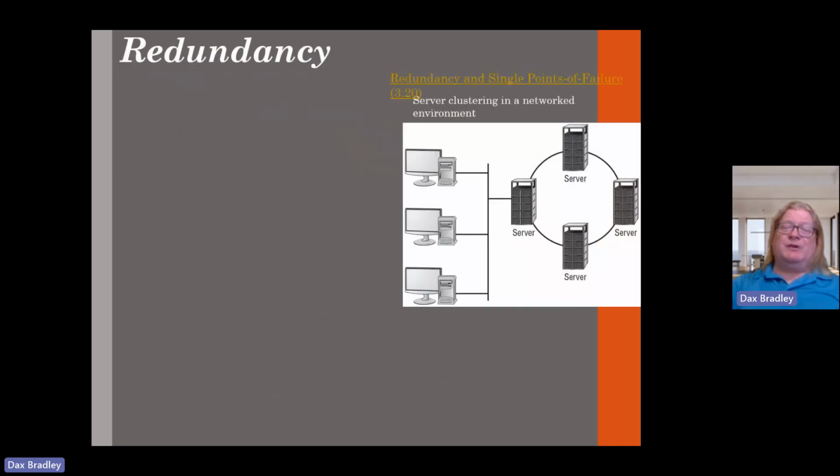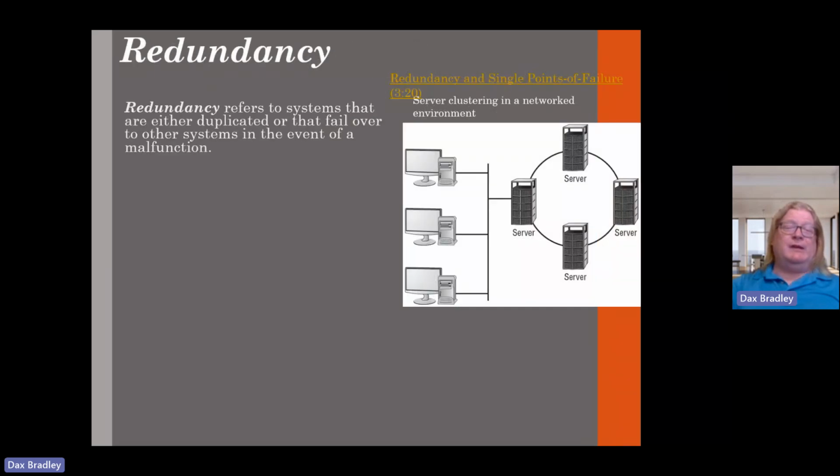Now, here we're showing server clustering in a networked environment. Remember that redundancy refers to systems or other structures that are duplicated or that fail over to other systems in the event of a malfunction.